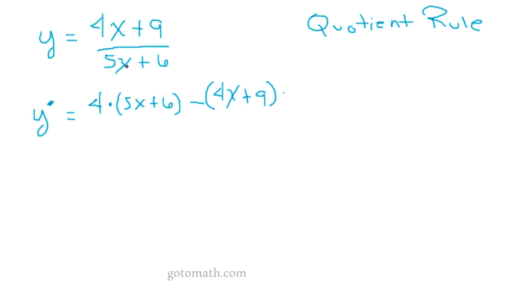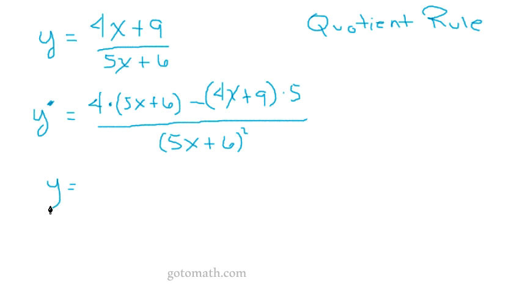And now we take the derivative of the denominator, and the derivative of the denominator is 5. And that's all over the denominator squared.